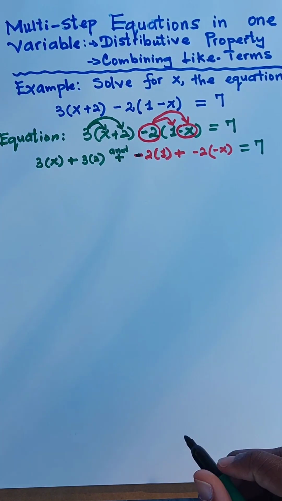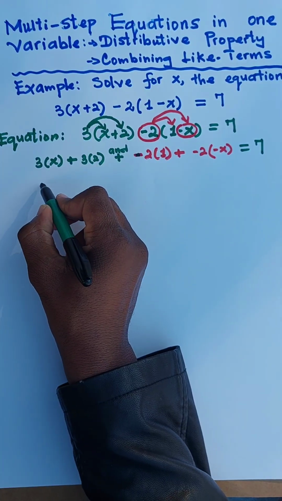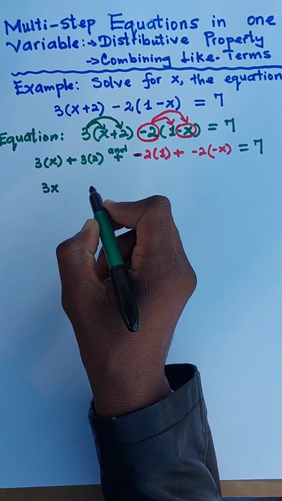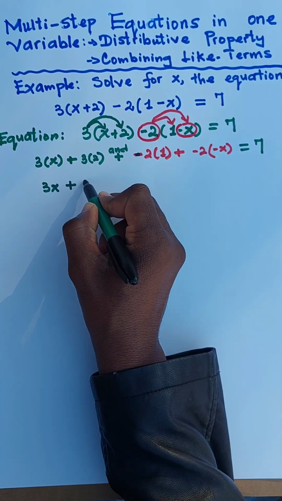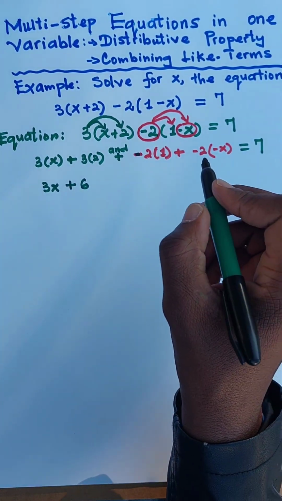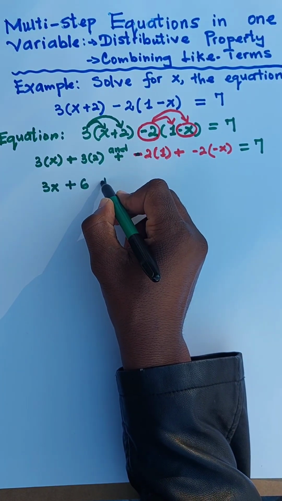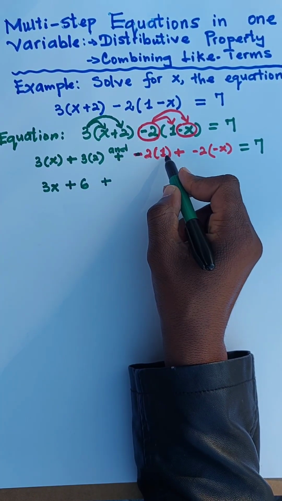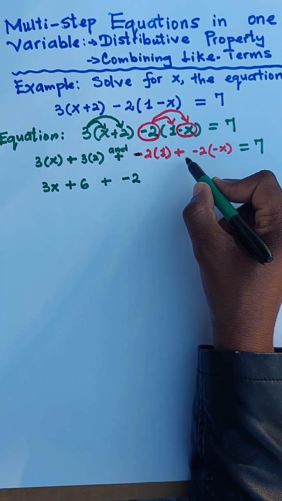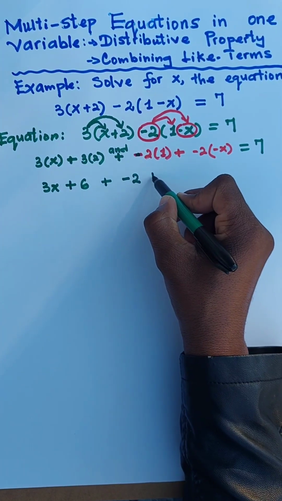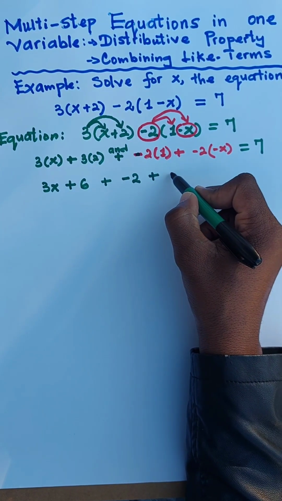Let us go ahead and remove the parentheses completely. 3 times x is just 3x, and 3 times 2 is positive 6, so plus 6. Okay, and we have the connector there, plus negative 2 times positive 1 is negative 2, and so plus again, negative 2 times negative x is positive 2x.